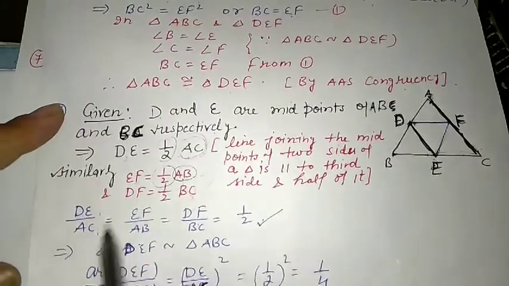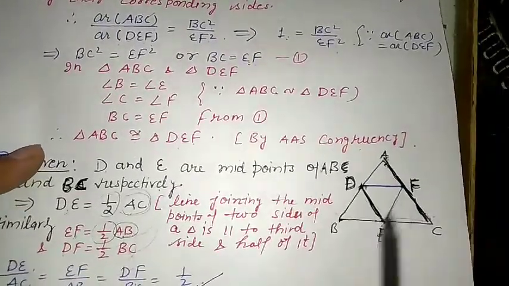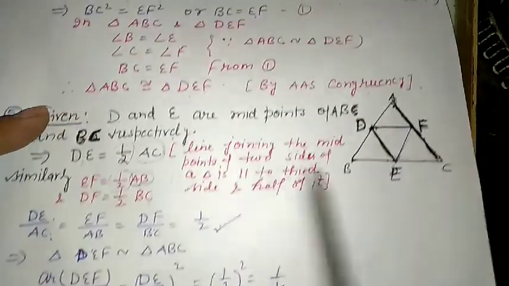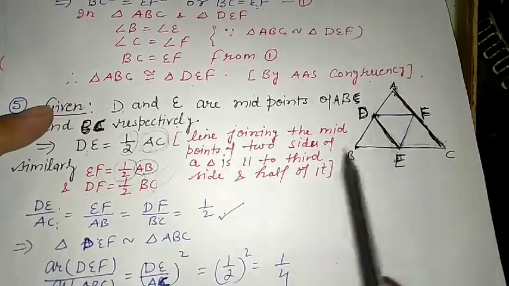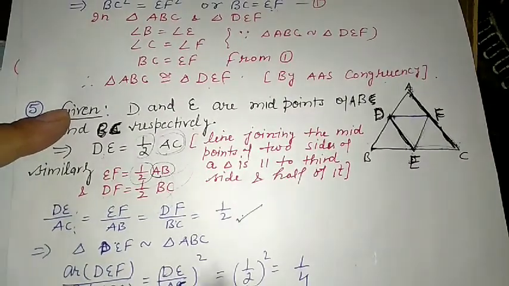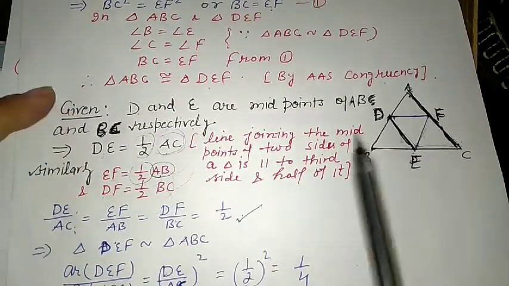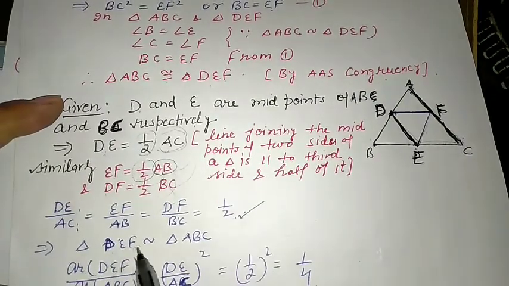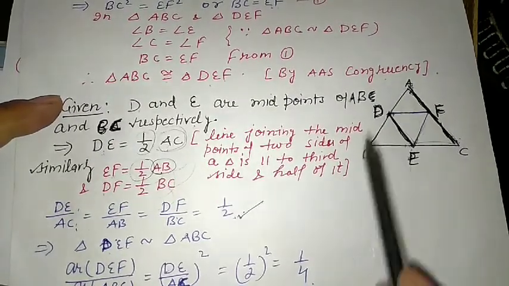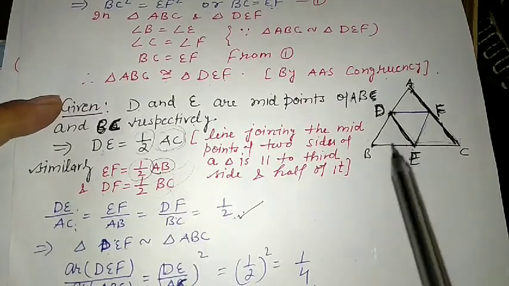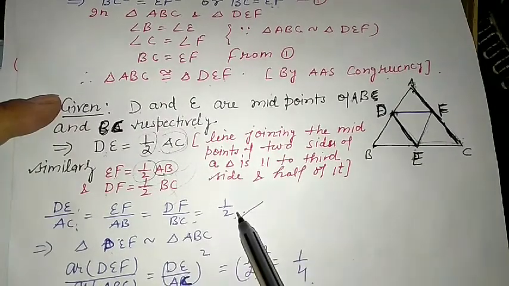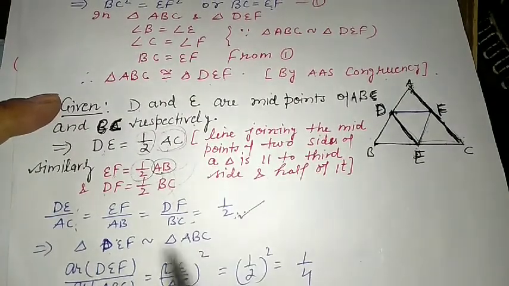What does it mean? DE upon AC, EF upon AB and DF upon BC, all the corresponding sides are in ratio, and triangle DEF is similar to triangle ABC. All the ratios are equal, hence both the triangles are similar.